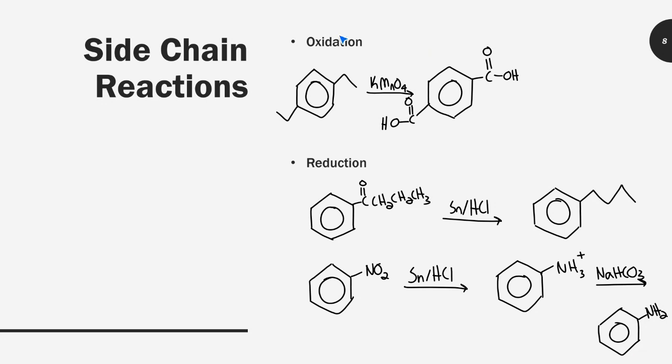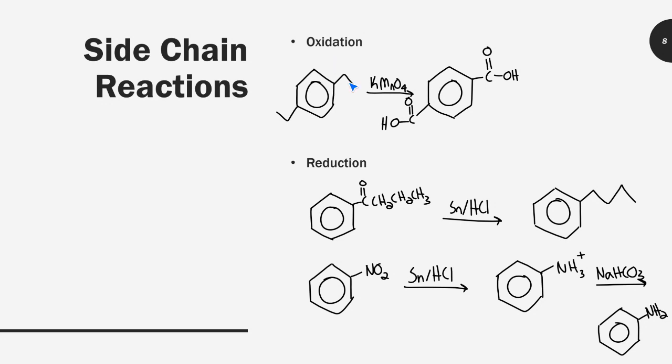The opposite of reduction is oxidation. If you have alkyl groups and oxidize with potassium permanganate, and these are really the only oxidizing and reducing agents he'll give you, potassium permanganate is an oxidizing agent and tin and hydrochloric acid is a reducing agent.